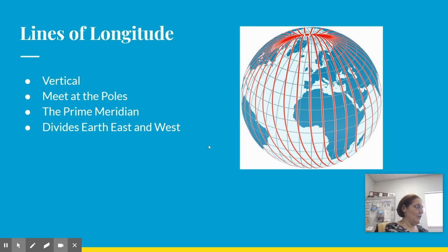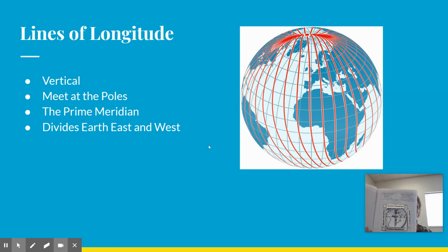Then they're vertical, which means they go up and down. They meet at the poles. Prime meridian. And then divides Earth east and west. There you go.